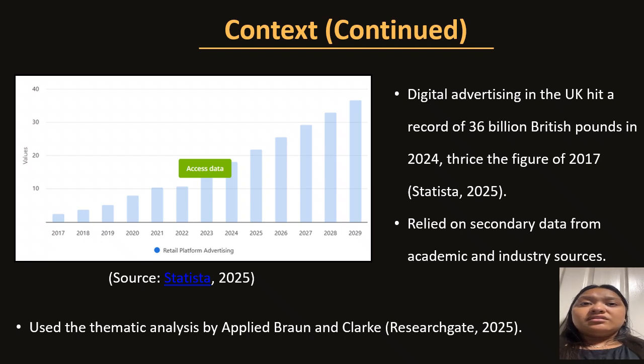To make sense of the data, the study applied thematic analysis based on the method developed by Braun and Clarke, as published in ResearchGate 2025. This approach helped uncover patterns in how marketing ethics are discussed and, more clearly, where conflicts emerge. This analysis allowed the research to remain disciplined yet flexible, capturing the nuances of a fast unfolding field.